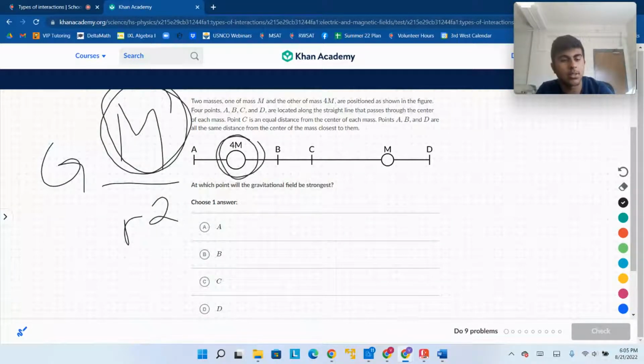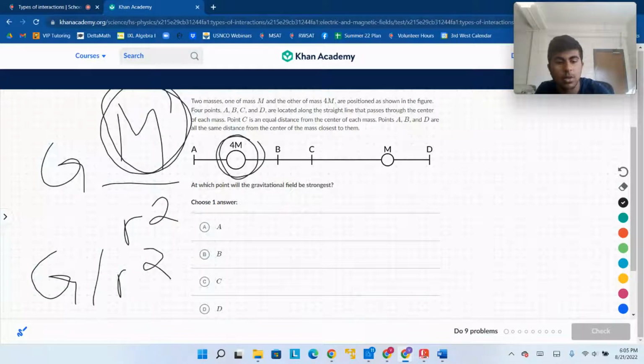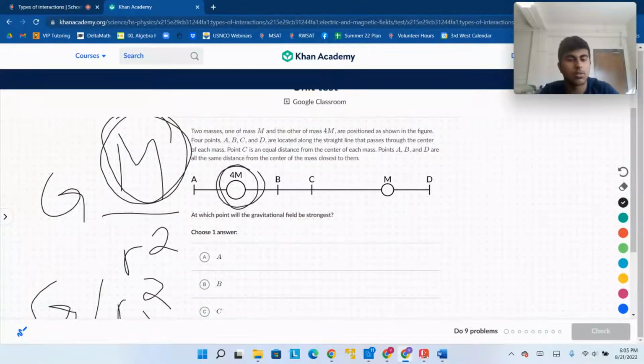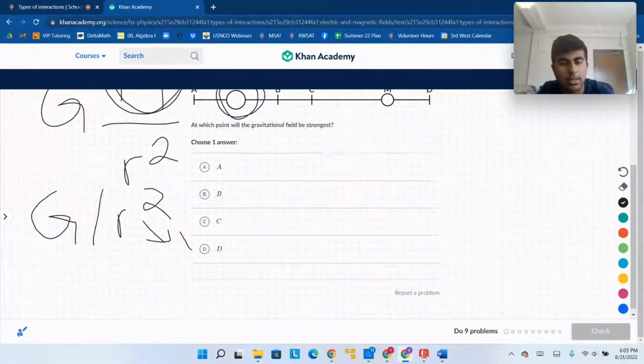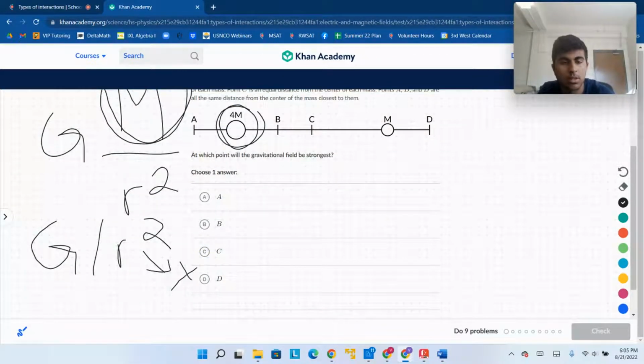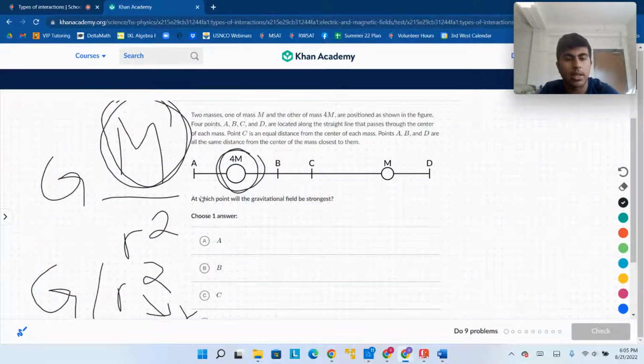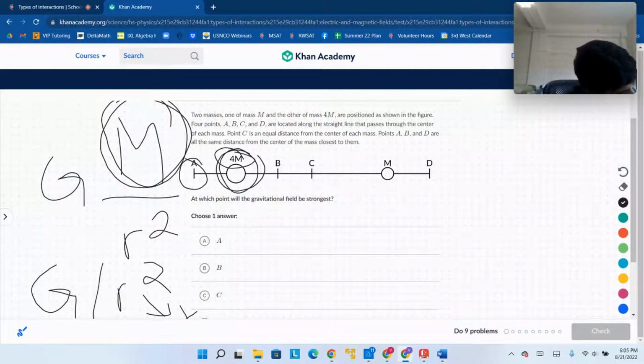So we can call G over r squared just x. So the attraction between this and this is going to be 4x.